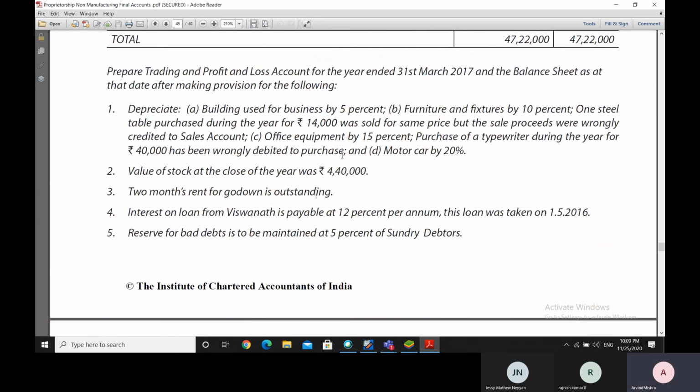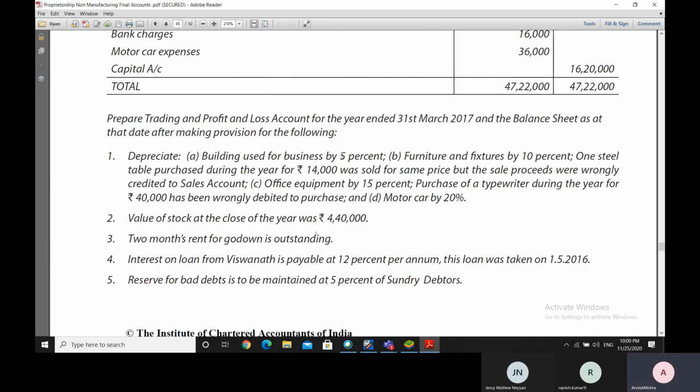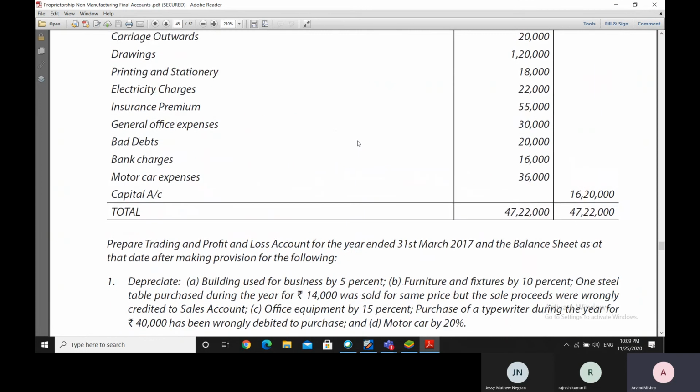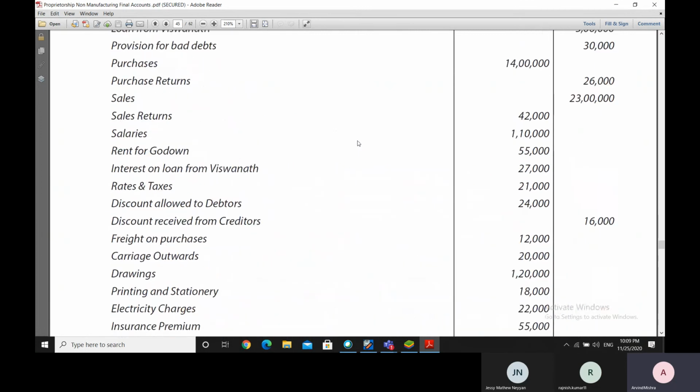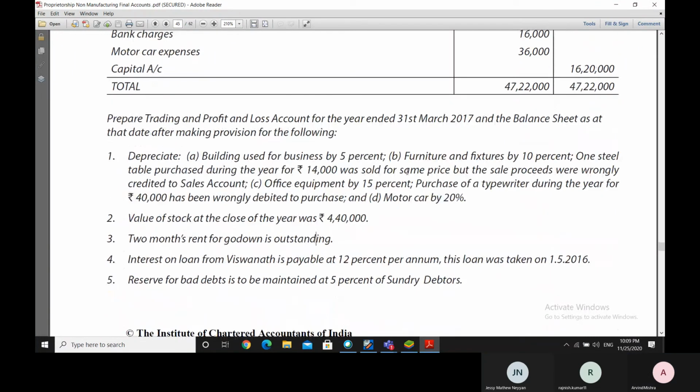So to understand this more clearly, we can have a look at the rent for godown. Rent for godown 55,000 rupees here, and 2 months rent for godown is outstanding.